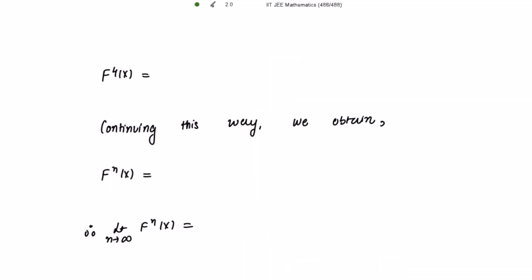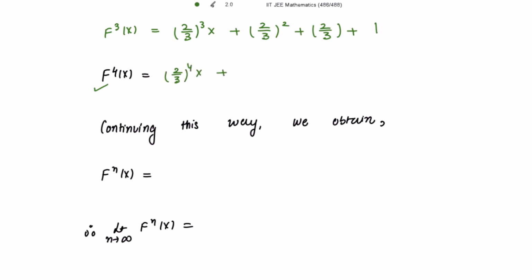So f cube x is equal to 2 divided by 3 whole cube x plus 2 divided by 3 whole square plus 2 divided by 3 plus 1. Similarly, we can write the result for f to the power 4. So this becomes 2 divided by 3 power 4 x plus 2 divided by 3 whole cube plus 2 divided by 3 whole square plus 2 divided by 3, and then plus 1.